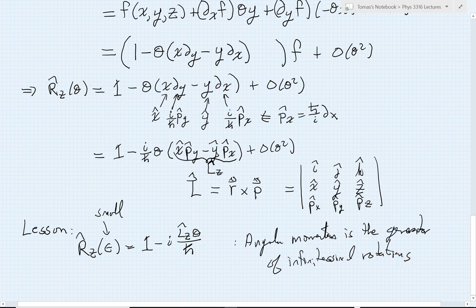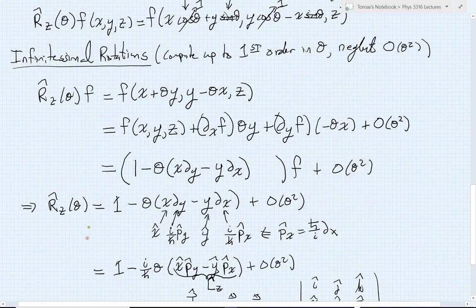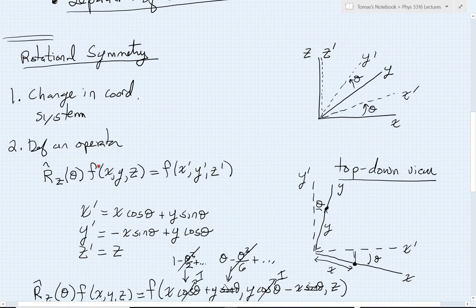This is a key result, so I'm going to put a box around it. But before I complete my box, the last observation I would like to make is that I just happened to pick the z-axis. I could have done this same rotation about the same physical axis but relabeled my coordinate system, so that I might have thought I was doing the rotation around the y-axis or the x-axis.